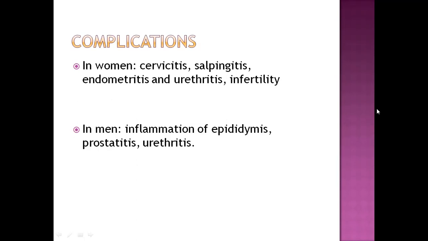In women, complications can be cervicitis, infection and inflammation of the cervix, salpingitis, infection and inflammation of the fallopian tube, endometritis, infection and inflammation of the endometrium, urethritis, infection and inflammation of the urethra, and in the long term, infertility can also be seen. Whereas in men, there can be inflammation of the epididymis, prostatitis, inflammation of the prostate gland, and urethritis, inflammation of the urethra.